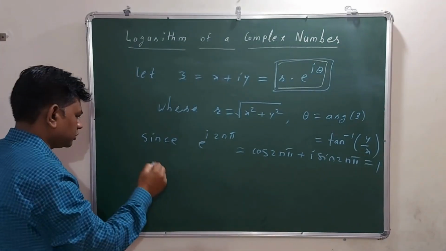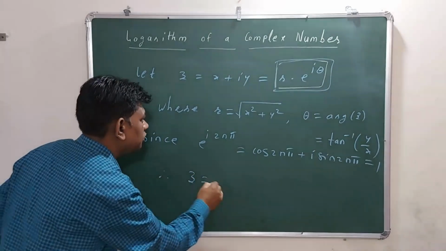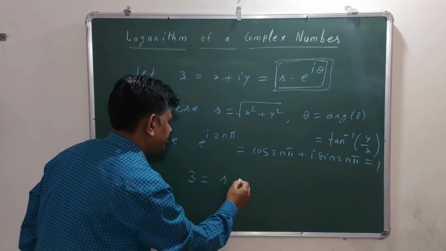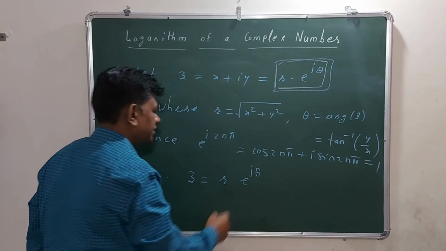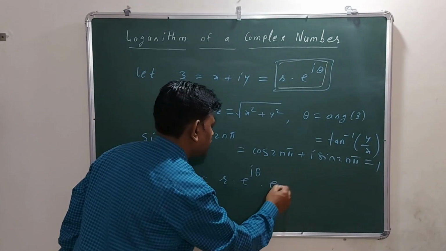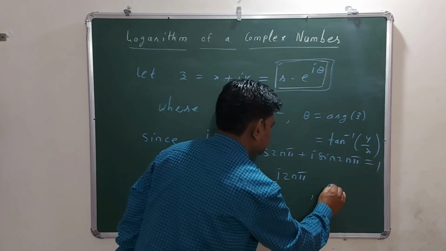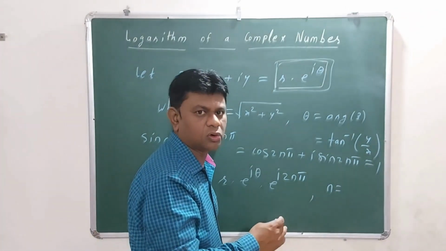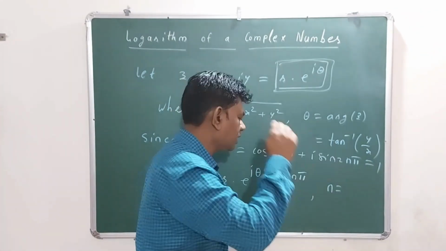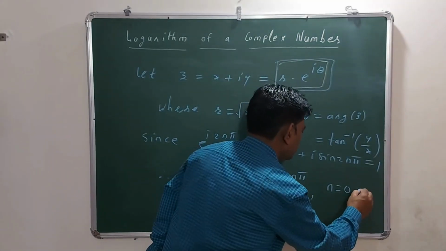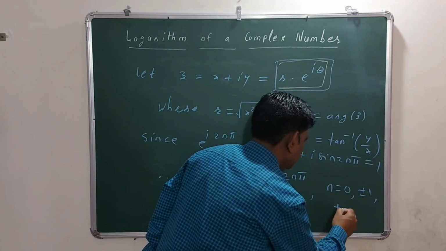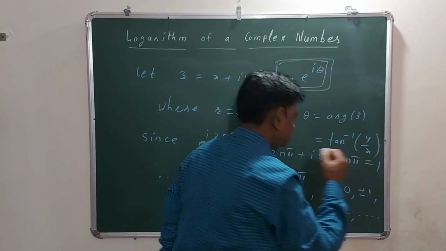So z is equal to r times e to the power i theta times e to the power i 2n pi, where n is equal to 0 or a positive integer or a negative integer: 0, plus minus 1, plus minus 2 and so on.